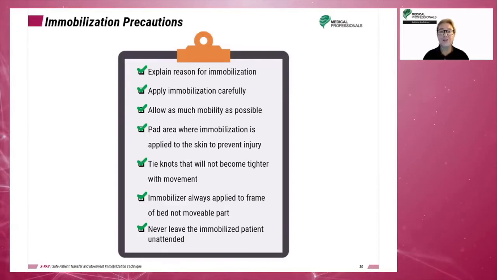If a knot is used, it should not become tighter with movement. Immobilization should not be tied to a moving part, such as a bed frame. Even if the patient is immobilized, the patient must never be left unattended.